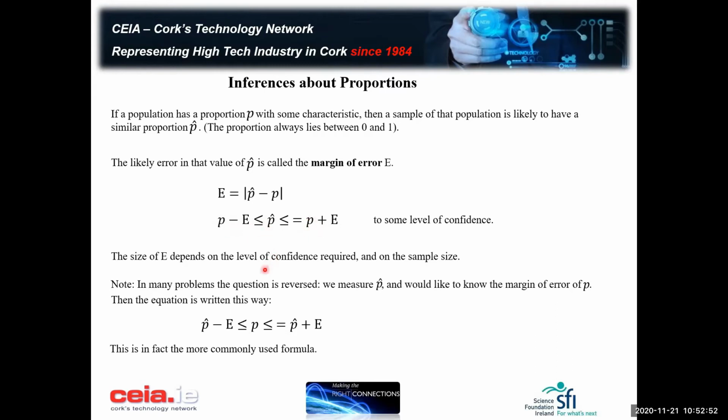In practice, you want to work the other way around. In practice, you're going to measure your sample p hat, and you want to know what the real p is for the whole population.